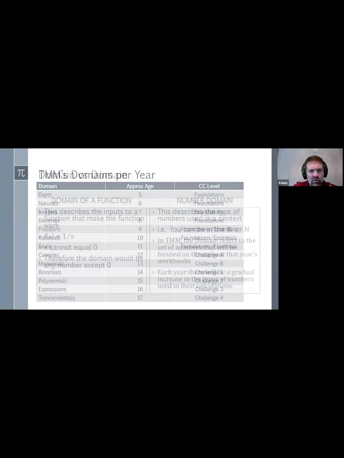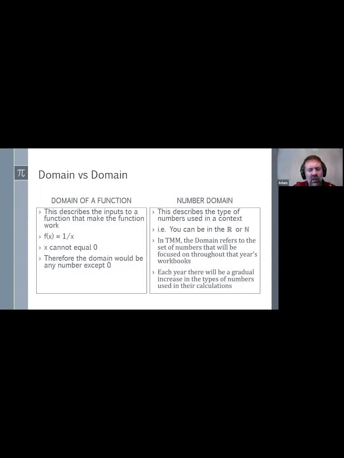So move on. First of all, this term is used two different ways in the math map and in math in general: domain versus domain. So that we're not confused about what I'm talking about here and what you'll see in the math map, you'll notice that there are some things that talk about the domain of a function.